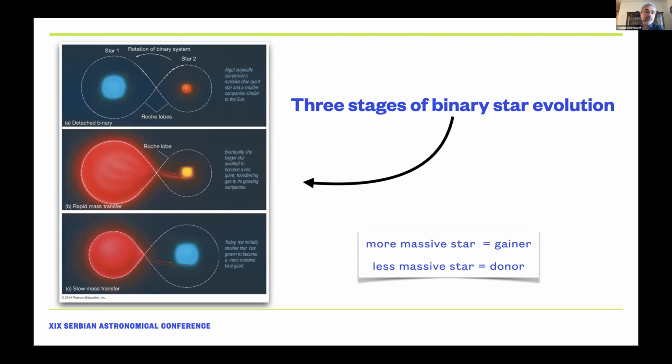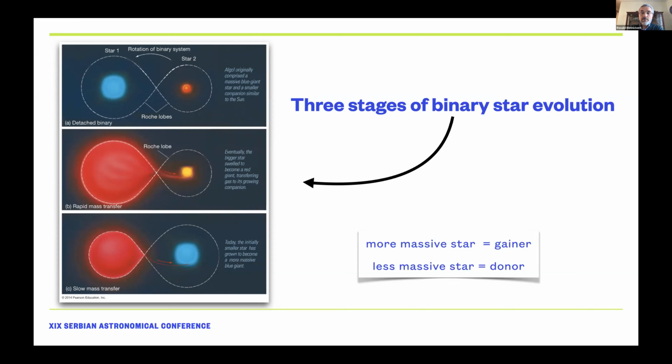In the third stage of the binary evolution, the originally more massive star turns out to be the less massive star, but now it is more evolved than the companion. And the companion has accreted part of the mass of the other star in the process. So these are 3 different stages of evolution of a closed binary system, representing the stars that I will show in this presentation.